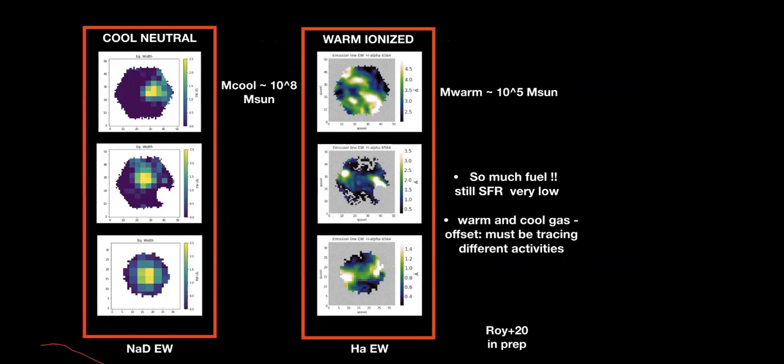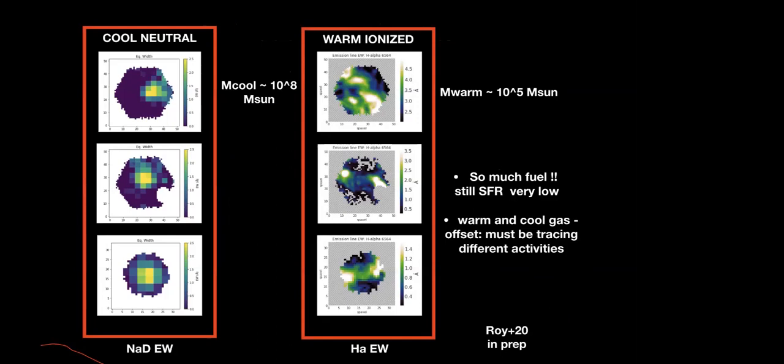Now let's place these cool neutral gas maps alongside the warm ionized gas maps. This one is traced by H alpha, as I was showing you earlier, and this one is traced by sodium D. The first thing is that there is lots of gas present in these galaxies, both in the cool component and the warm component.